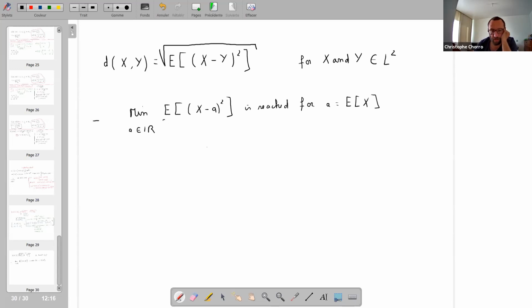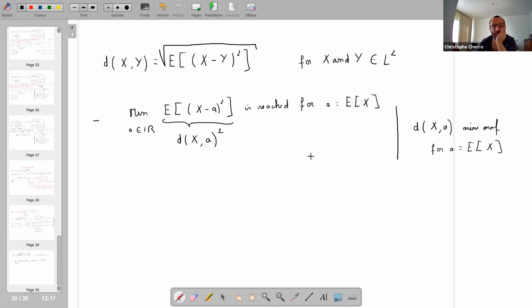So with my notation here, the minimum of d of x and a squared is reached for a equal to the expectation of x.